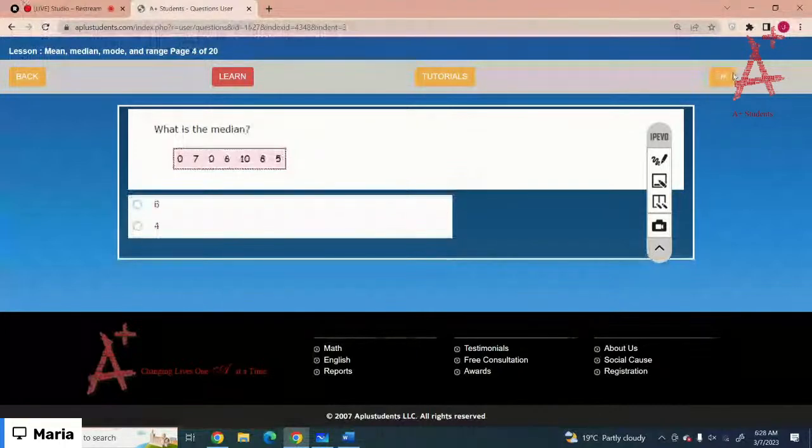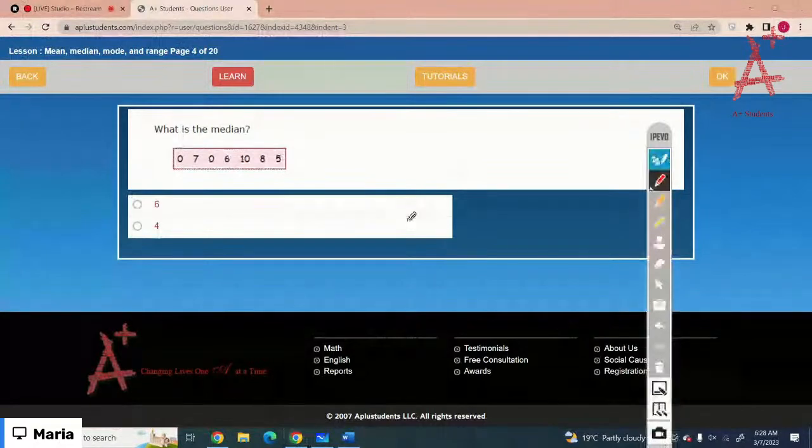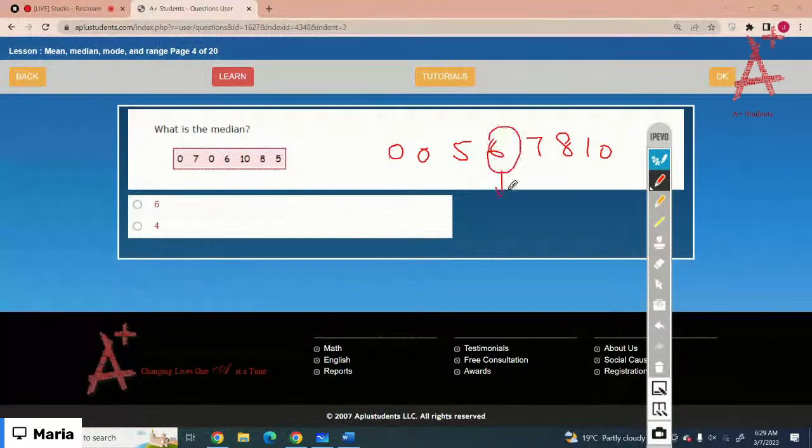Okay, the next one is again you have to calculate the median. Arrange them from least to greatest. It would be 0, 0, 5, 6, 7, 8, and 10. 1, 2, 3, 4, 5, 6, 7. 7 over 2 is 3.5. That means the fourth number is the median of the data, that divides the data into two equal parts. On both sides of the median, you have three numbers.